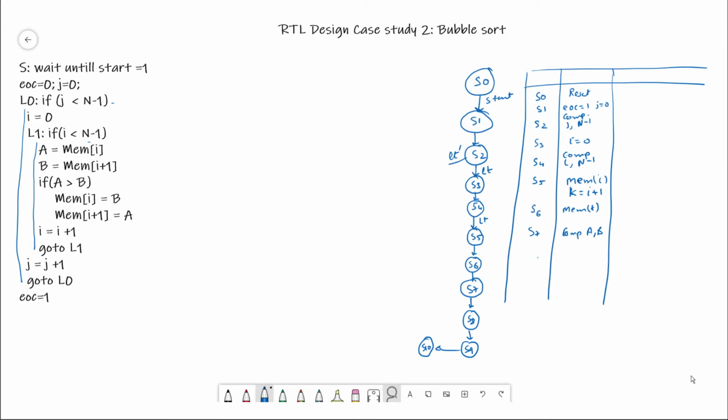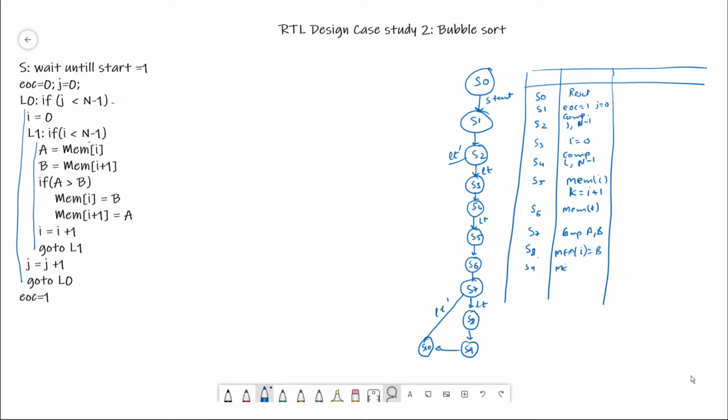So if in S7 we were comparing, if it was less than, then it is going here. If it is not less than, then we are going directly to S8. So S8 is actually mem I equal to B.